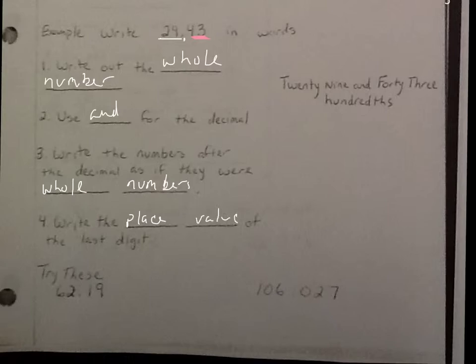Okay, so see how the 3 there ends, not in the tenths, that's the hundredths place. And you just write that at the end because it's in the hundredths. So you get 29, which is the whole number, and for the decimal, 43, that's the regular number after it, and then you write hundredths because that's where it ends. That's the place value it ends in.